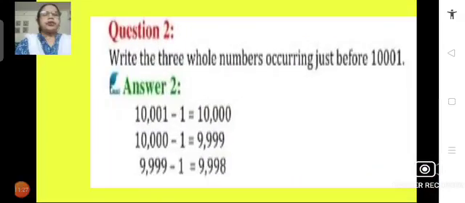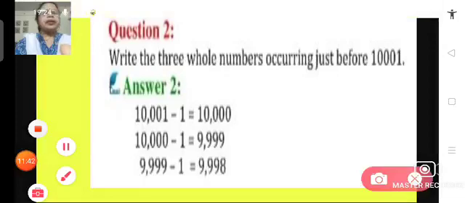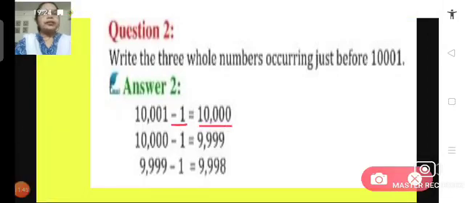Let's move on to question number 2. Write 3 whole numbers occurring just before 10,001. So what do we do? We subtract 1 from 10,001. We get 10,000. Then from 10,000 we subtract 1 and we get 9,999.